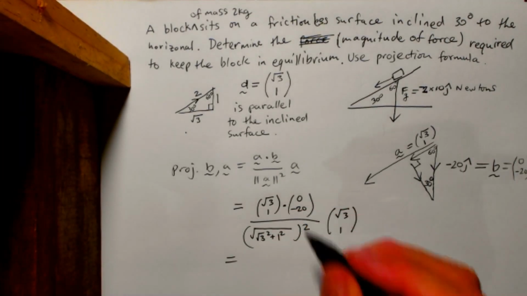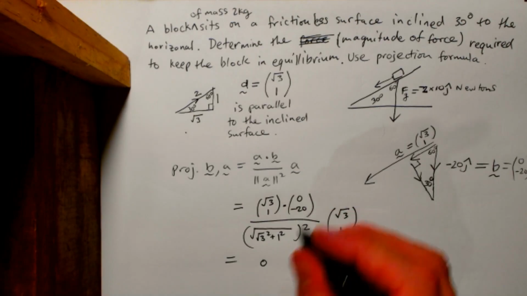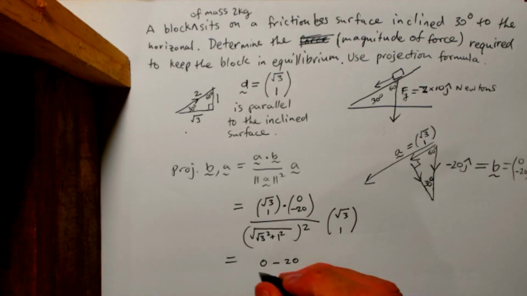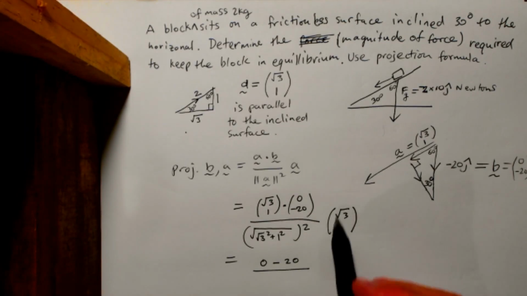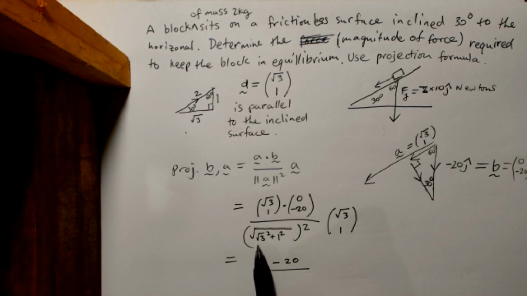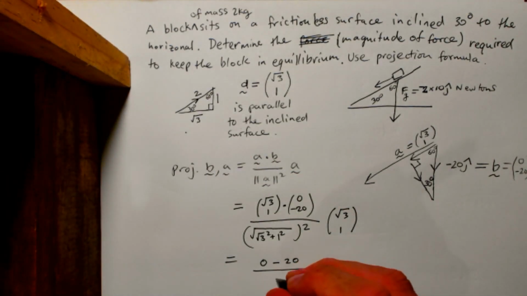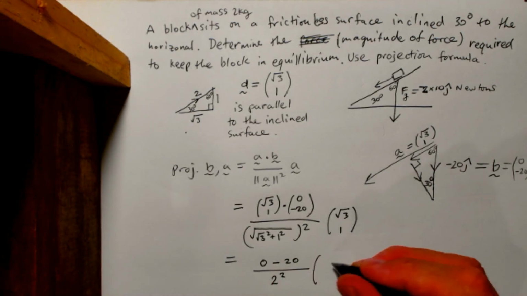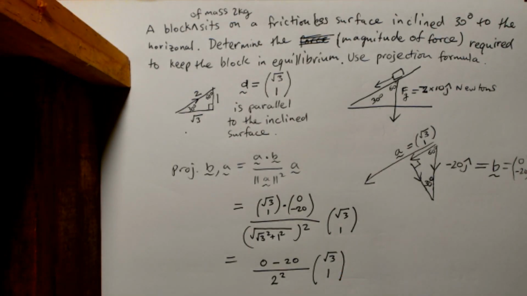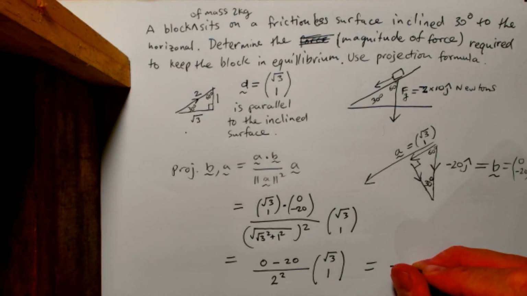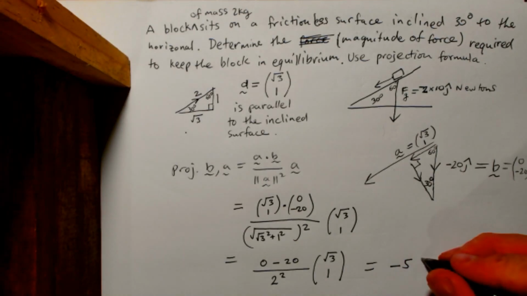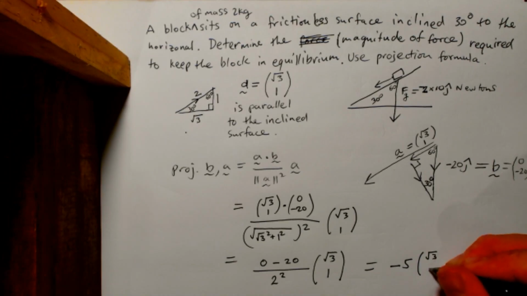So root 3 times 0 is 0. 1 times minus 20 is minus 20. The norm of this vector is the square root of 3 plus 1, so the square root of 4, which is 2, but we already know that from there. So this will be 2 squared, and then root 3, 1 is our vector. Okay, so simplifying this, we've got minus 20 over 4, which is minus 5, root 3, 1.